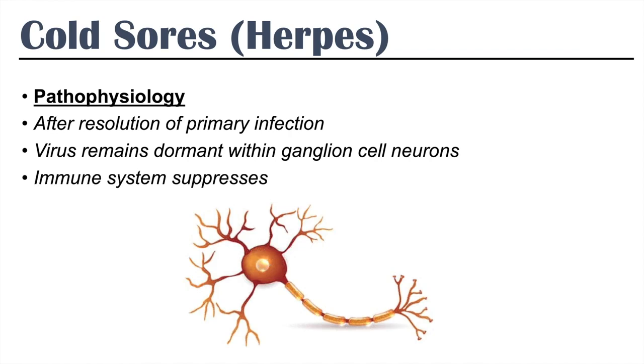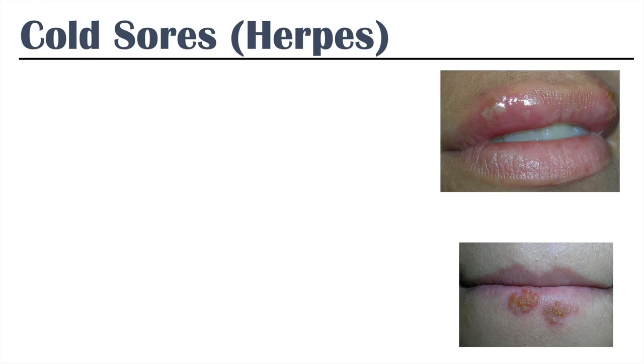So the HSV, or herpes simplex virus, hangs around in ganglion cell neurons, and your immune system basically keeps it in check and suppresses it within the neuron, and you're not going to have any symptoms until you have something that causes a recurrent infection.